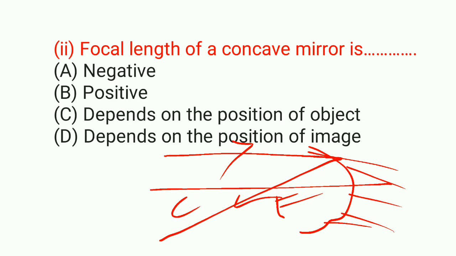This is the focal length, right? The distance from the pole to the focus is the focal length. So the focal length of a concave mirror: option A, negative; positive; depends on the position of the object; depends on the position of the image. According to the sign convention, distances opposite to the direction of light are taken as negative. So option A is the correct answer.